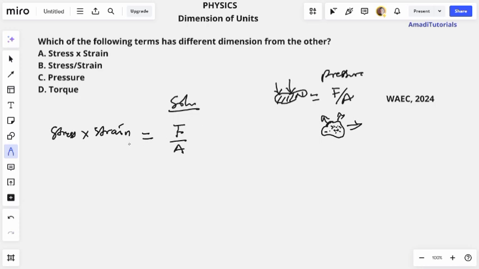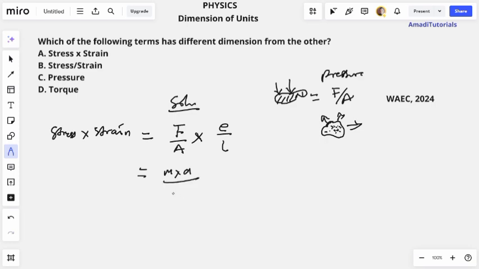Okay, so let's go back. So stress is force per unit area times strain, and then this one is strain. The mathematical definition of strain is extension over length. That's extension per unit length. So let's find the dimension for this combination. We define force: force is mass times acceleration.